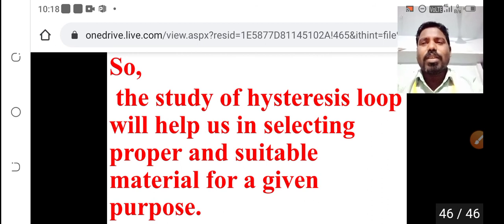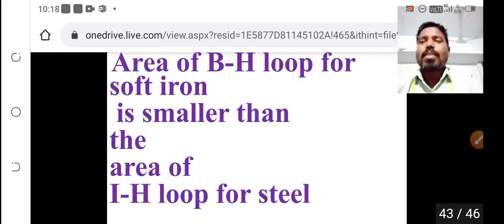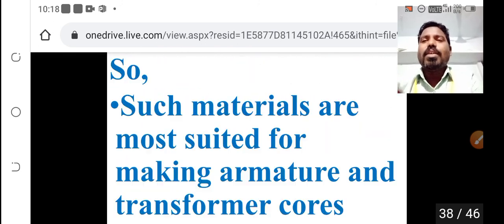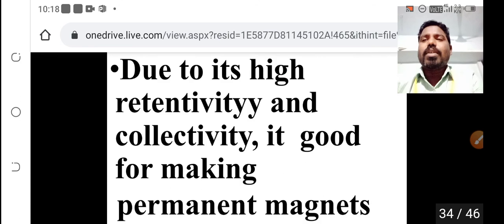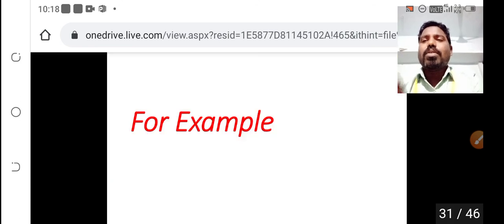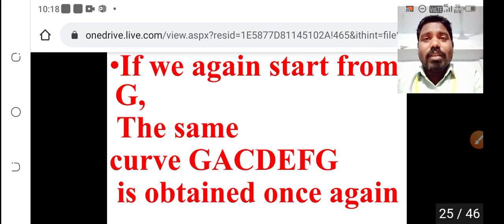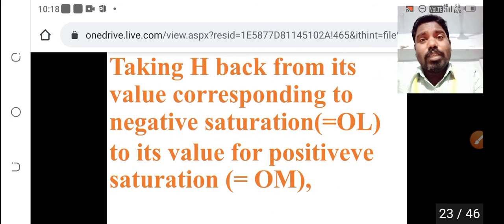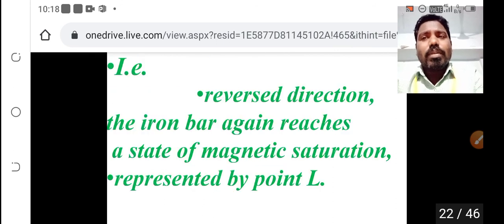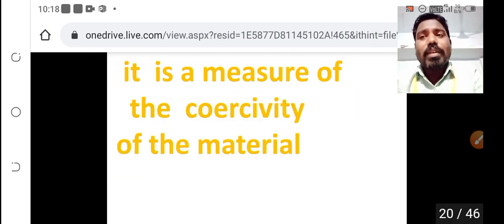This is about the hysteresis loop. You can see the figure. When you analyze the figure, you can easily understand the whole concept. Here an unmagnetized material, whenever it is placed in a magnetizing field, will be magnetized.